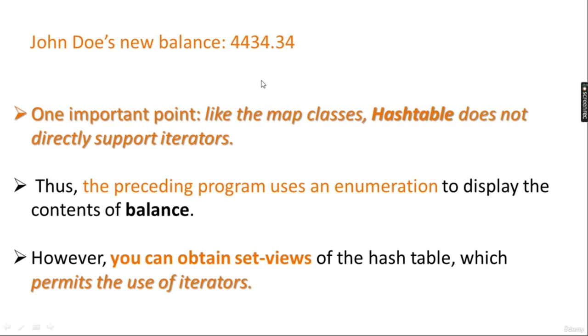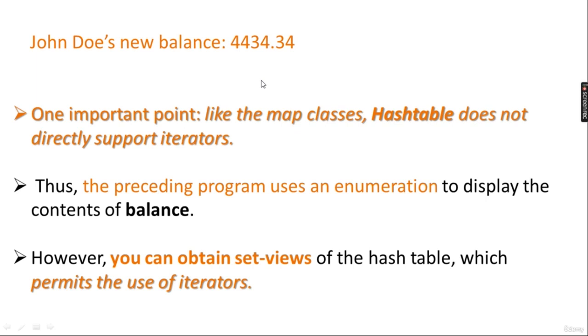One important point: unlike the map classes, Hashtable does not directly support an iterator. The preceding program uses an enumeration to display the contents of the balance. So what you have to remember, Hashtable does not directly support the Iterator interface, so to iterate or loop, you have to use an enumeration. However, you can obtain a set view of a hash table, which permits the use of an iterator.